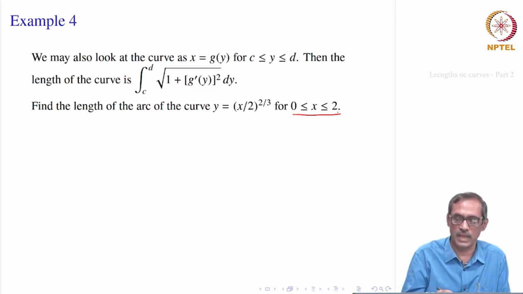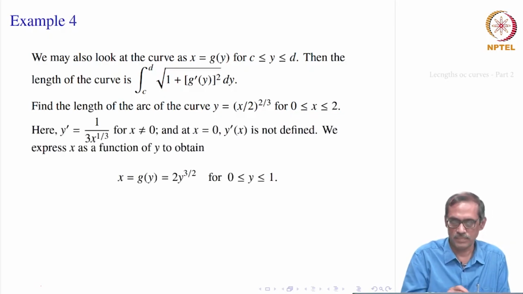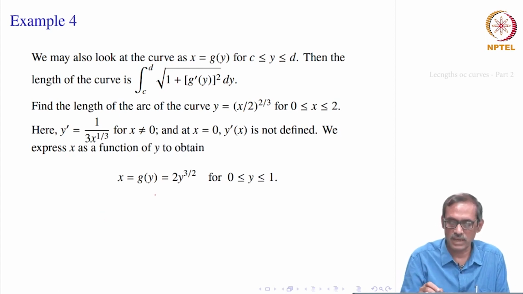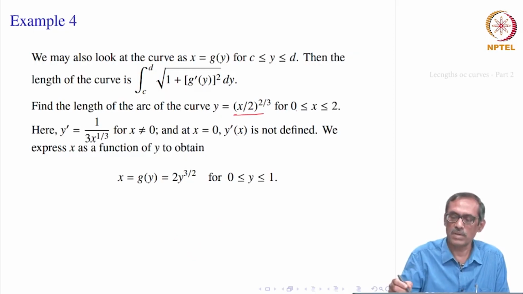You can do it directly, of course, but let us see through y, that will be a bit easier. So, what do we do? We think of x as a function of y, right, and there is an advantage here, because at x equal to 0, this function will not be differentiable. We want it to be differentiable, but of course, we can omit that one point because it is at the end point.